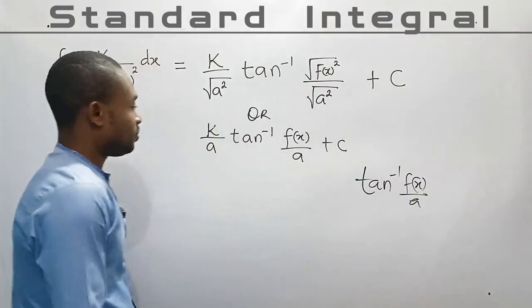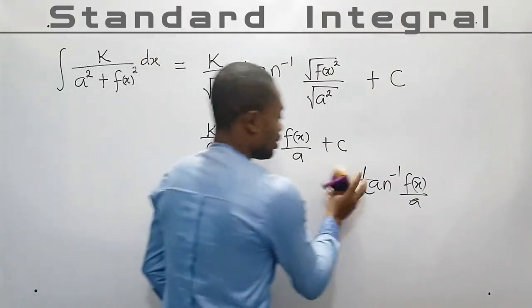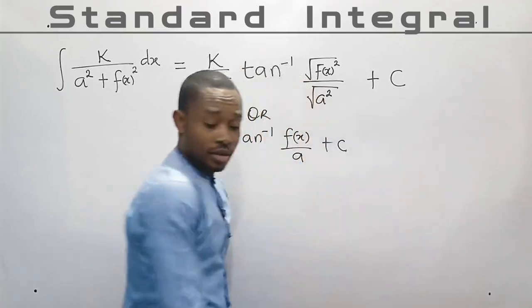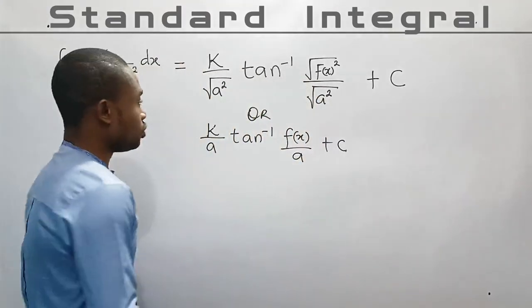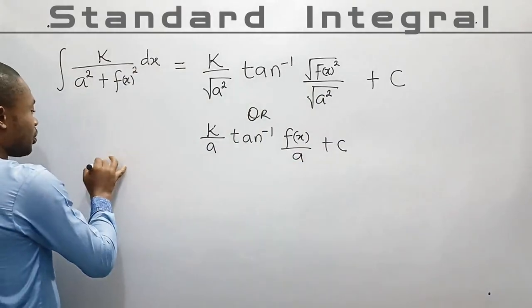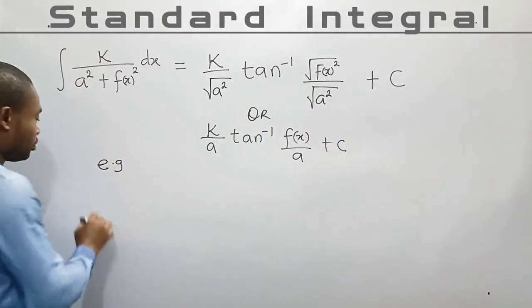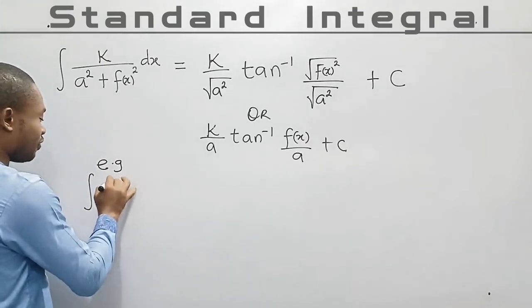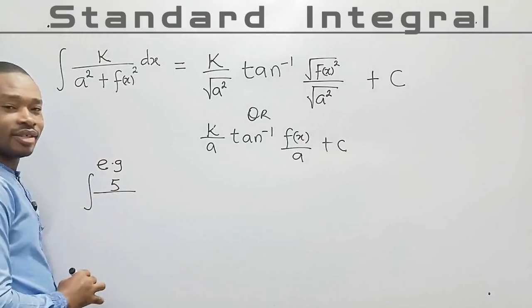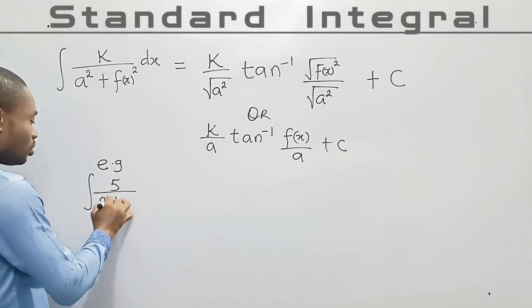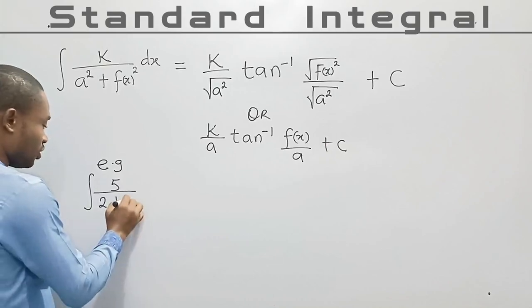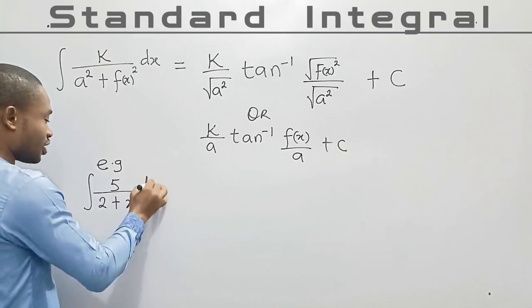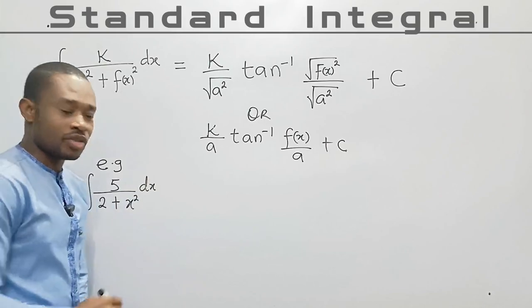Let us see one question here. Let's take a question and see how we apply this standard that I've just shown you. As an example, if I give you this expression to integrate, say 5 divided by, let's say 2 plus x squared dx. What will be my answer?